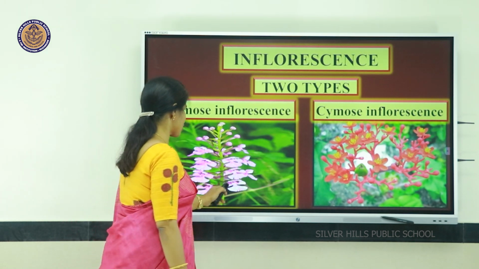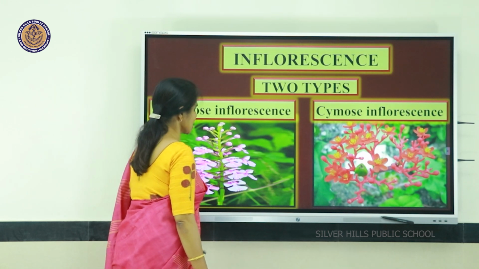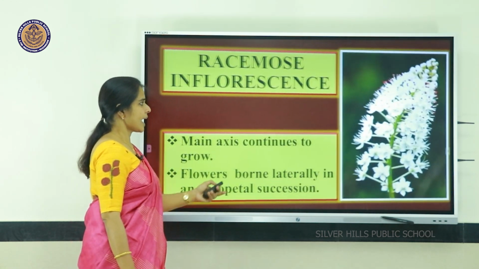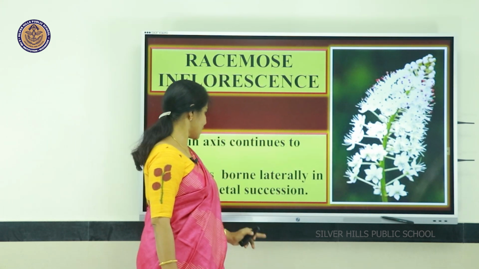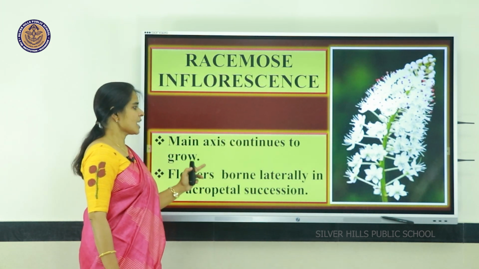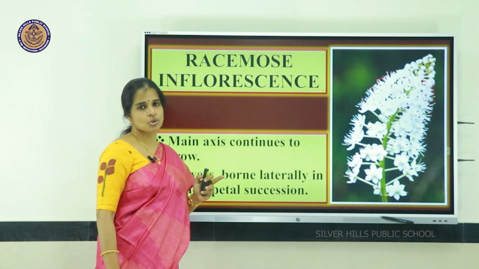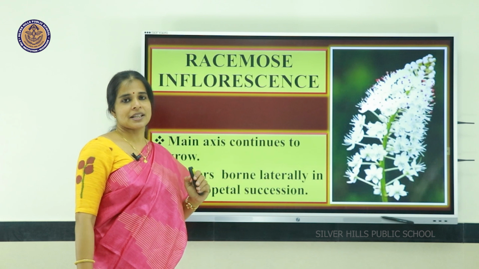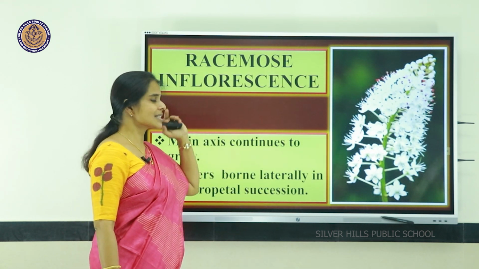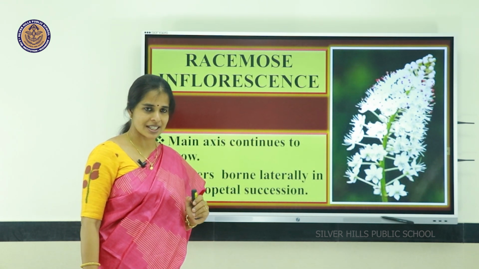You can see from the picture itself, the main axis is continuously growing and the flowers are borne on the basal part of it. When the main axis continues to grow and flowers are borne laterally, that is, in an acropetal succession, it is known as racemose inflorescence.